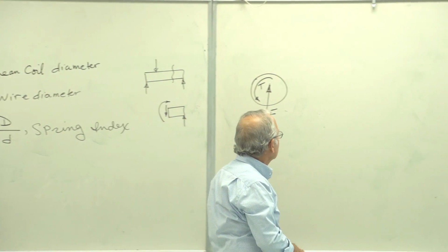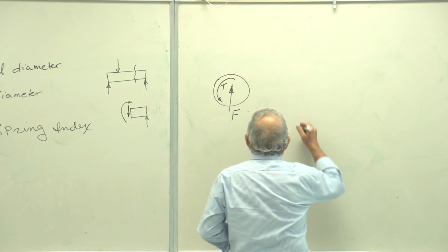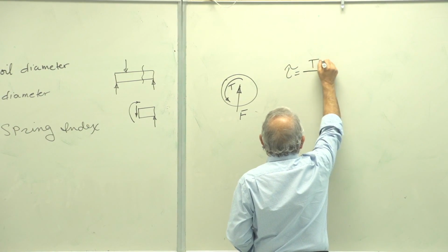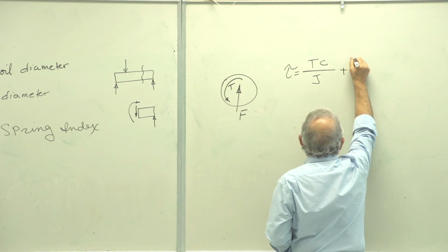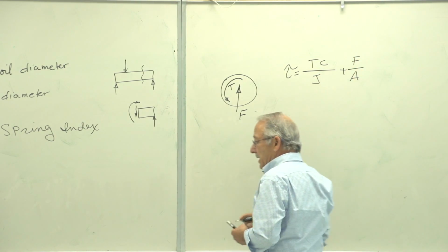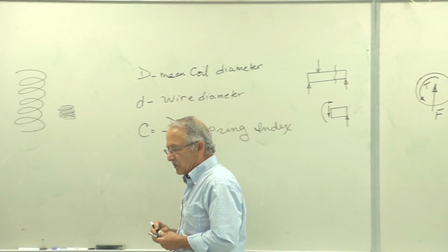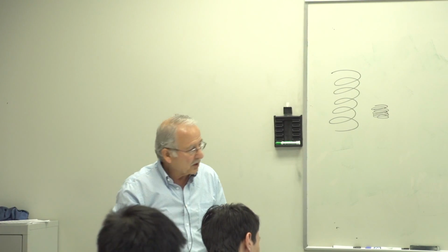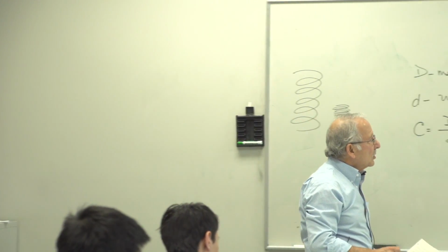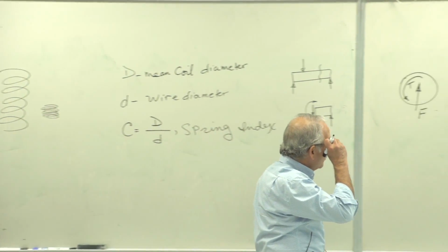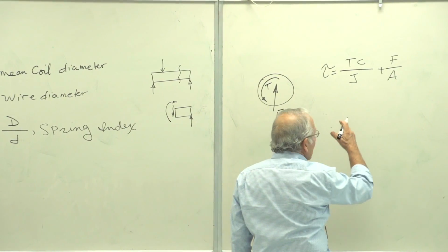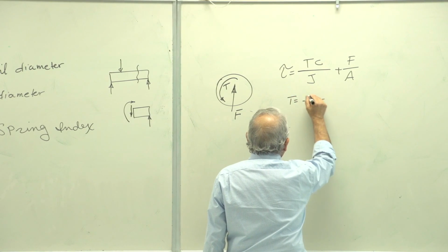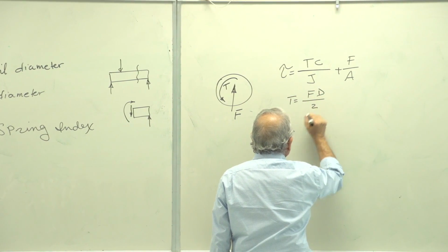So we say tau is equal to Tc over J plus F over A. Tau max, the maximum stress in the coil or wire diameter. So take a look at that. T equals FD over 2.